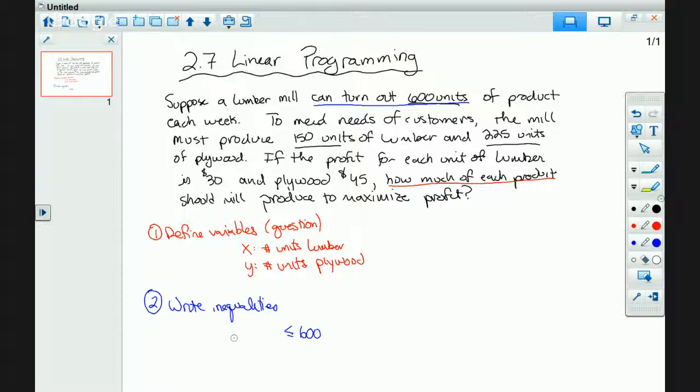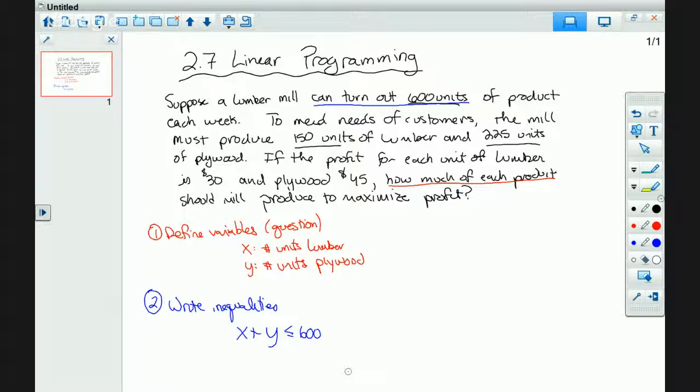How do I use X and Y to get 600? Yeah, just X plus Y in this case. We have an equation. X plus Y is less than or equal to 600. If you need to in your answers, you can write all over these problems. Circle, underline, whatever.